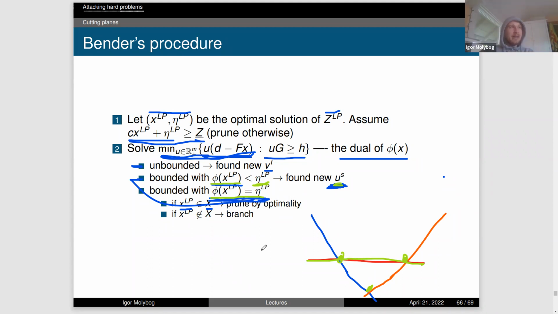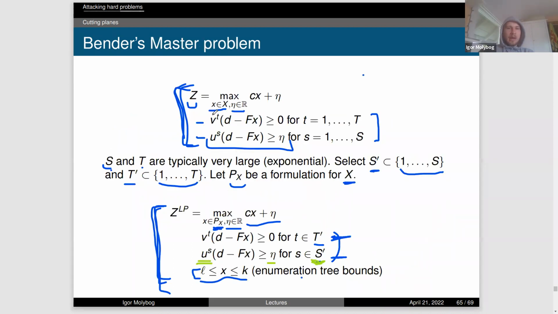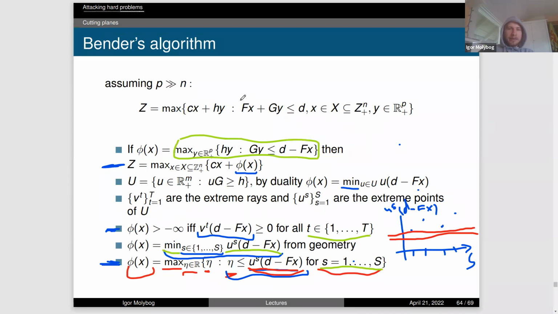So this is dictated by the fact that our set, the set of extreme points and extreme rays, they describe this constraint exactly.